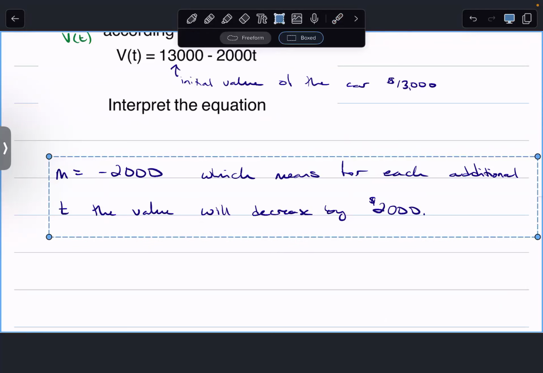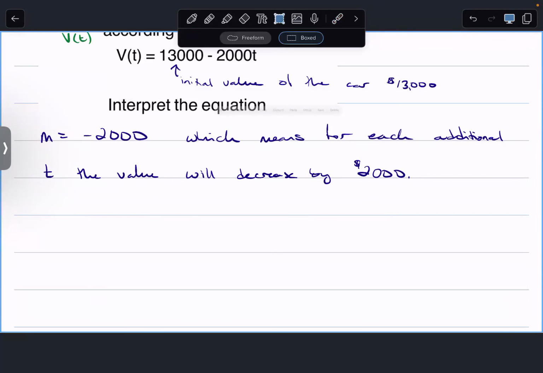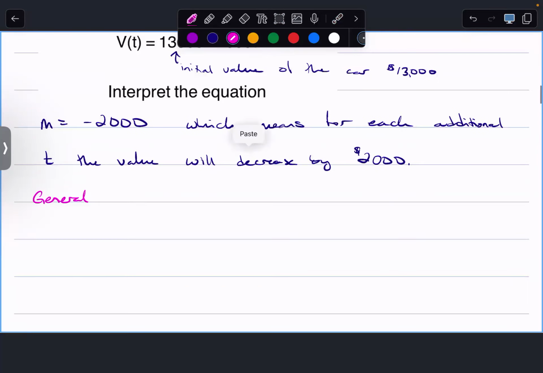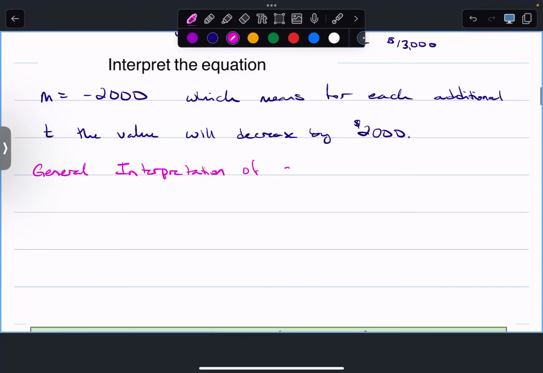Probably didn't mean to introduce it here, but I'll just do it here. The general interpretation of slope and intercept.